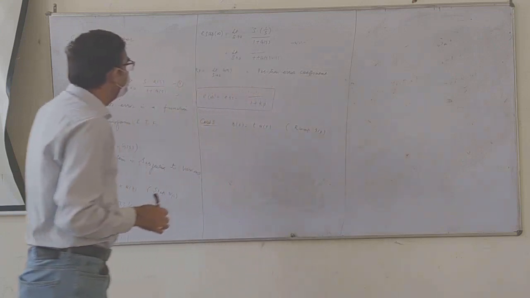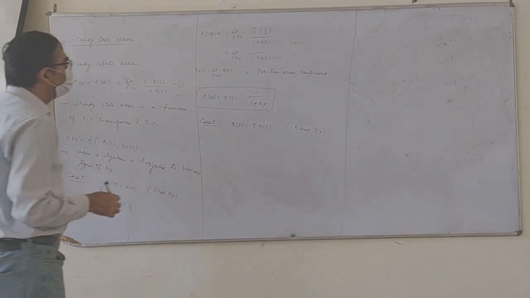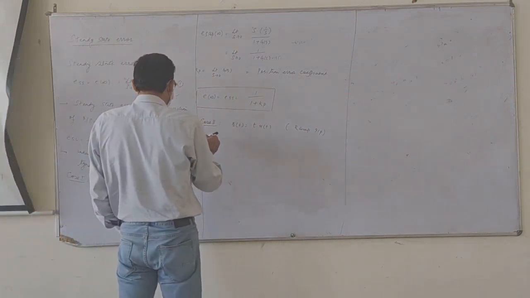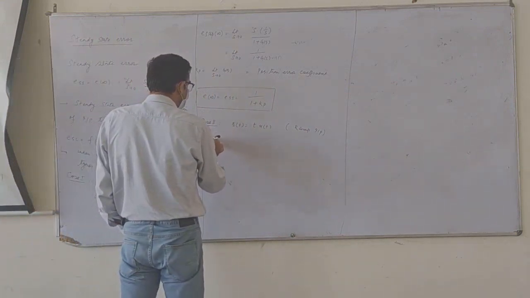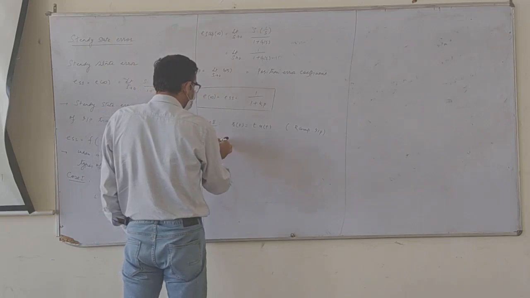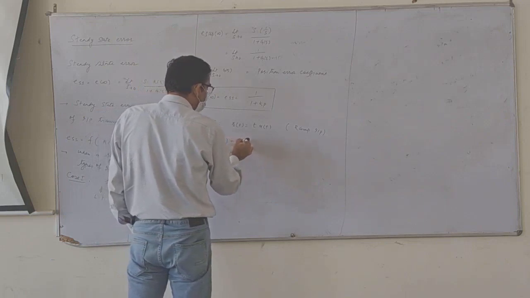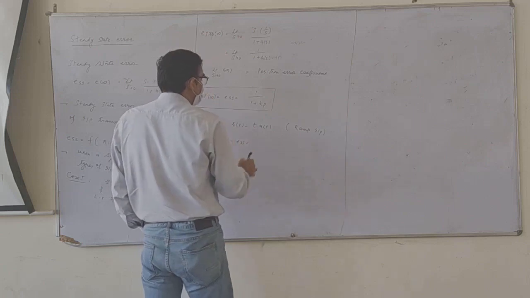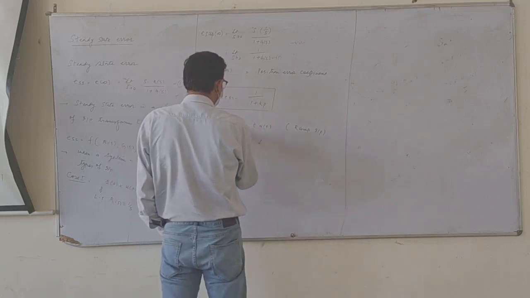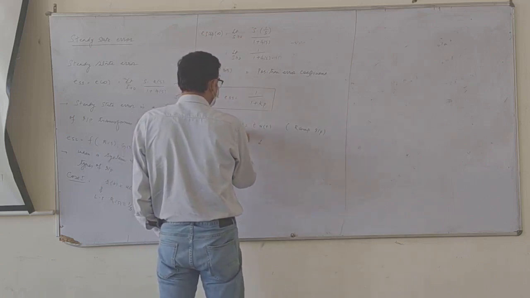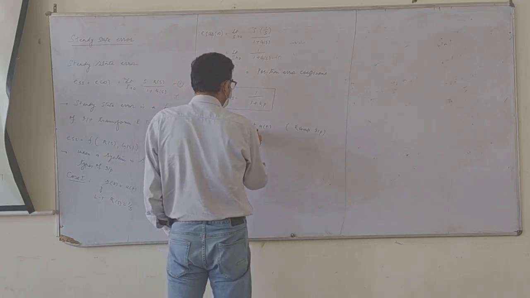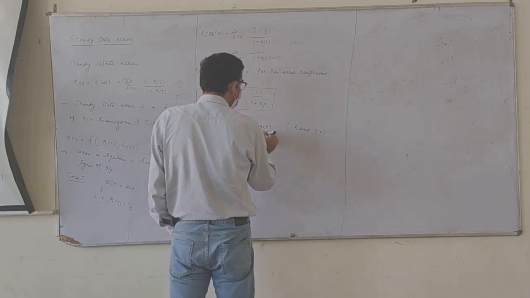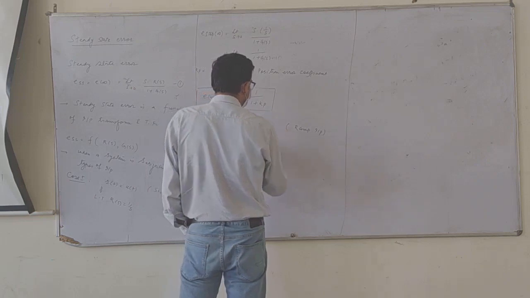Now in this case again, using expression number 1, the steady state error E ramp at steady state, we can take the Laplace transform. R of s will be 1 by s square.